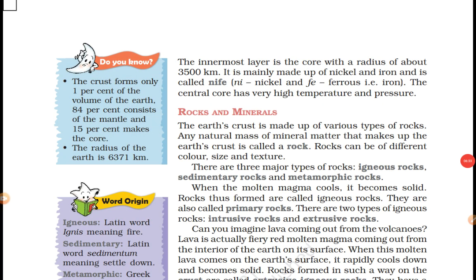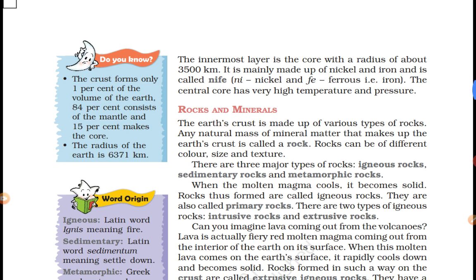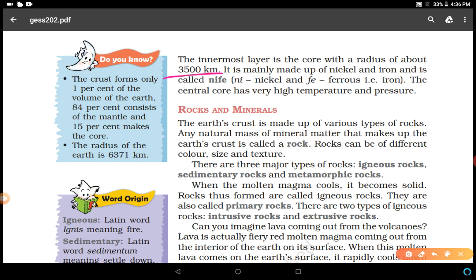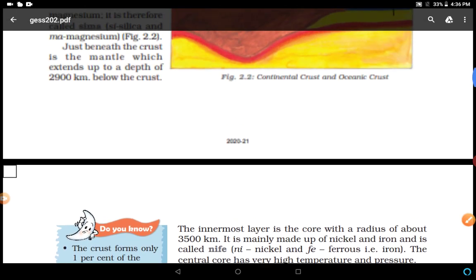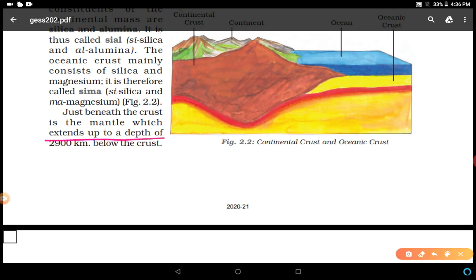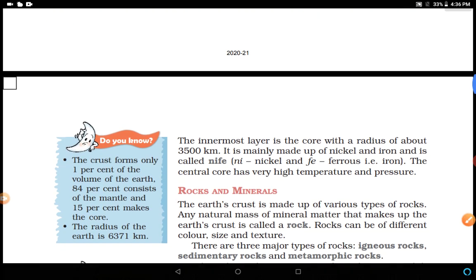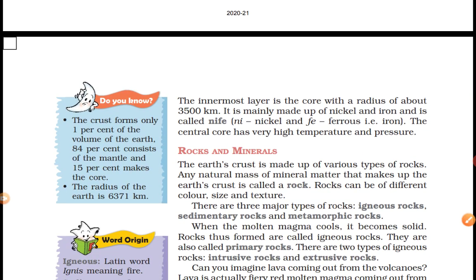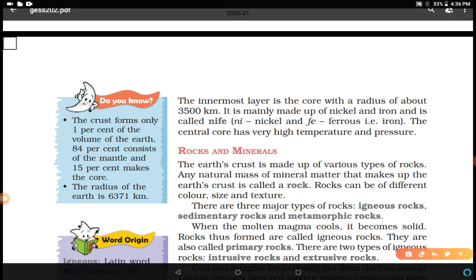As we looked in the diagram, the innermost layer is the core with a radius of about 3500 kilometers, and before that, just beneath the crust is the mantle, which extends up to a depth of 2900 kilometers.